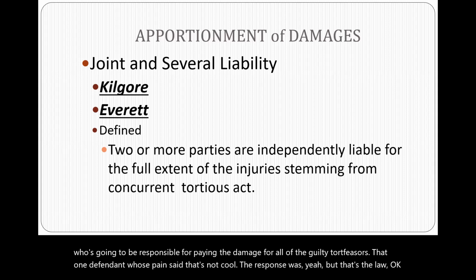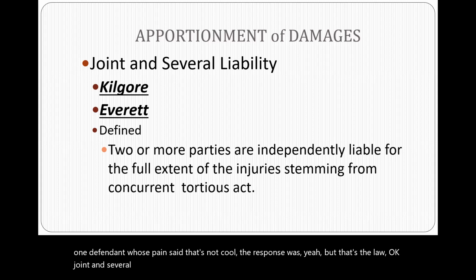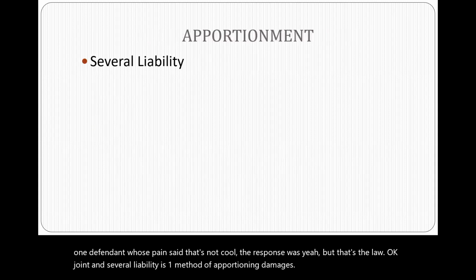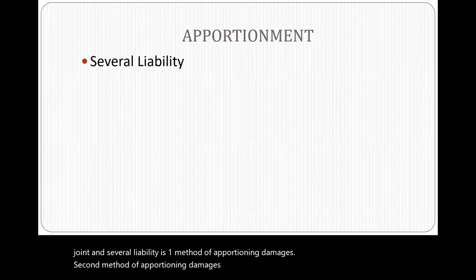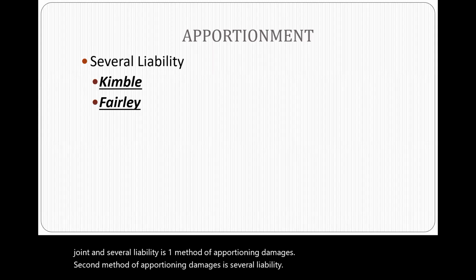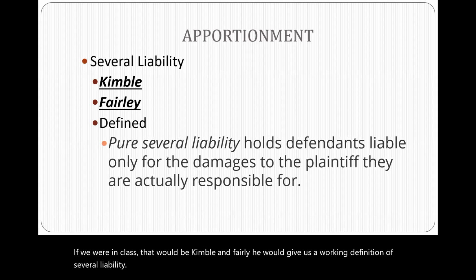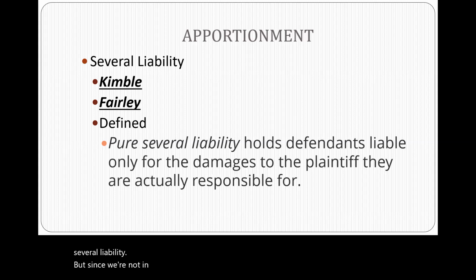Okay. Joint and several liability is one method of apportioning damages. Second method of apportioning damages is several liability. If we were in class, that would be Kimball and Fairley, who would give us a working definition of several liability. But since we're not in class, here we are.